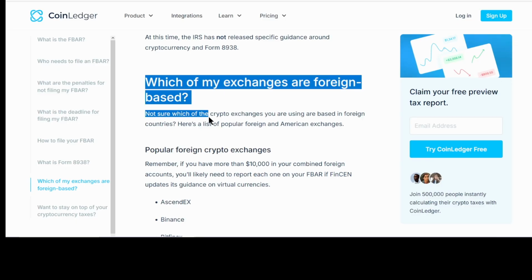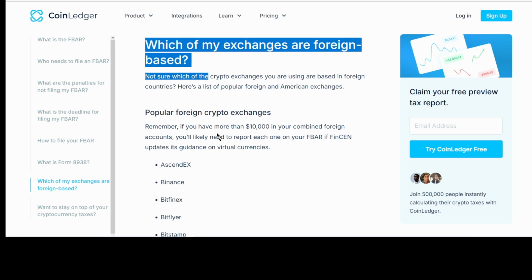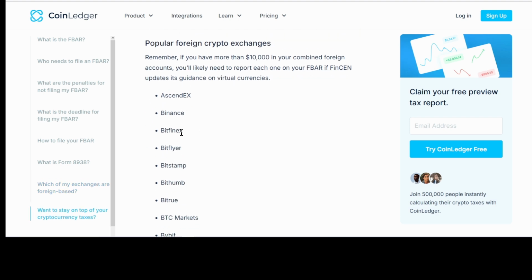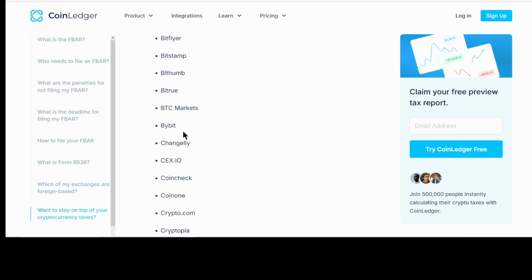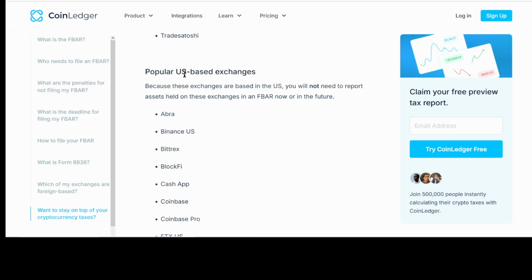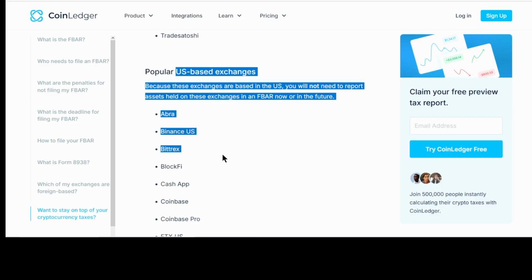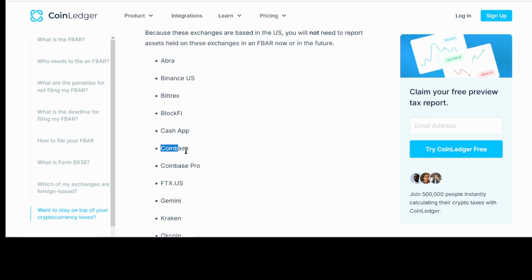So this website has a list of some of the foreign-based exchanges. Binance, Bitfinex, Bitstamp, all of these are foreign. And things like Coinbase are US based. Also, if you have something like a Bitcoin ETF that trades on the US stock exchanges, that's not considered a foreign account either.